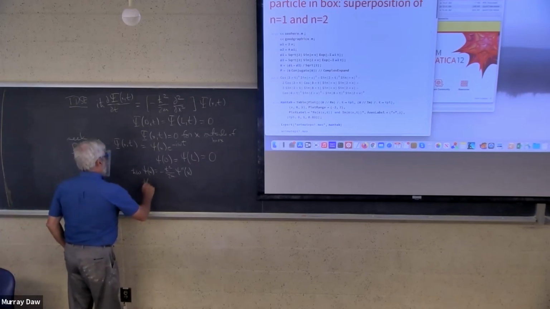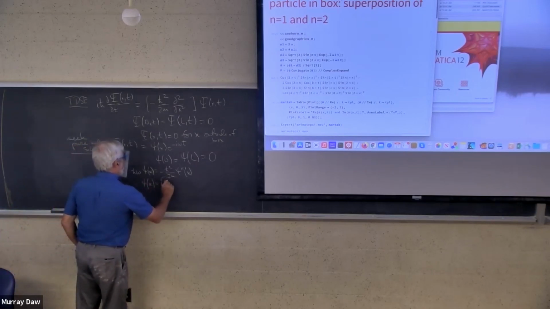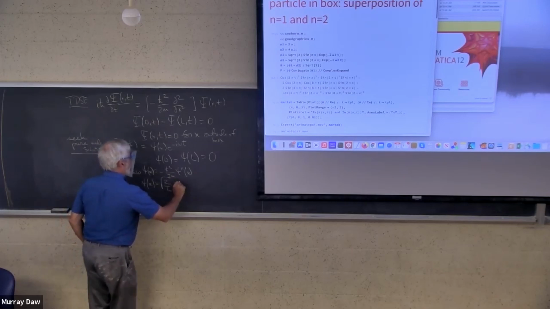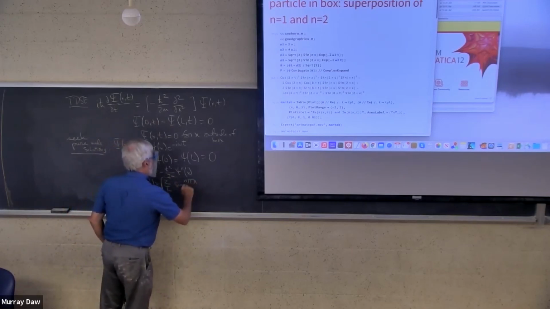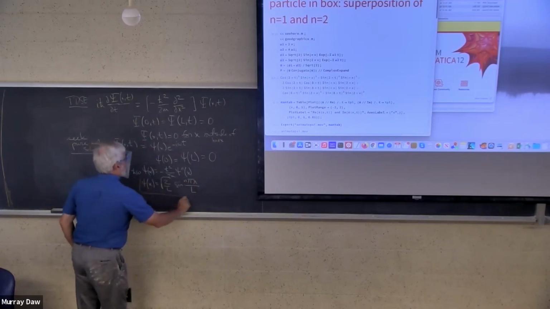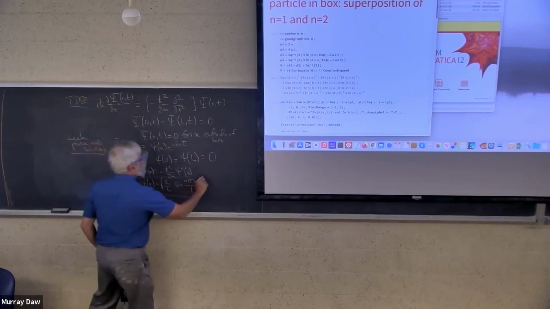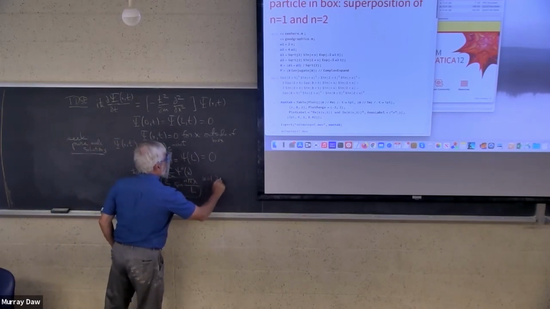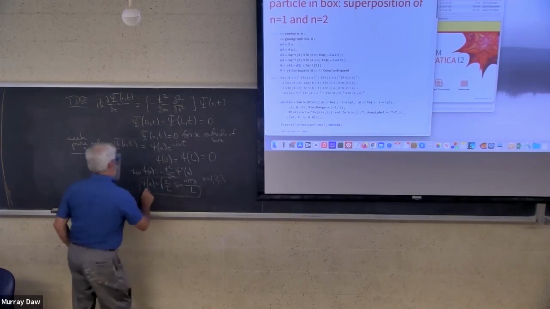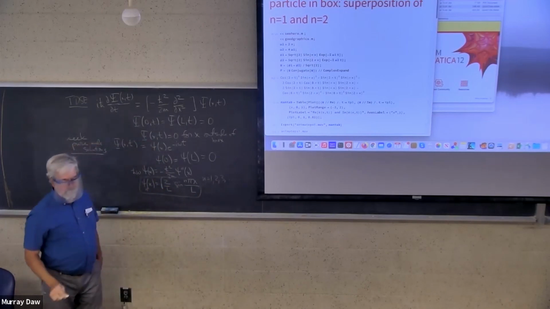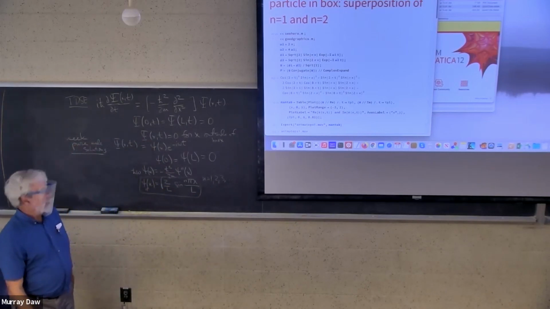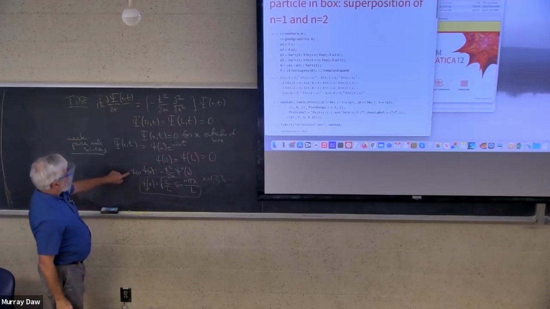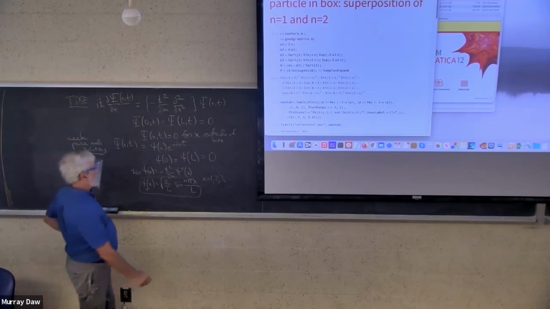So we found solutions of this form: sine of n pi x over L, where n is 1, 2, 3. And then the frequency that goes along with that is determined.